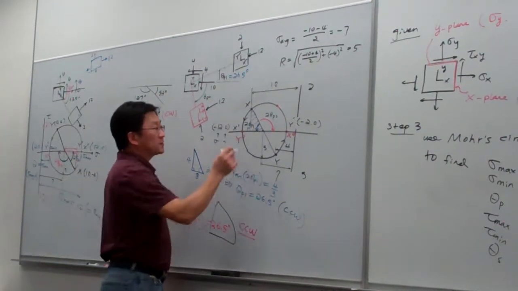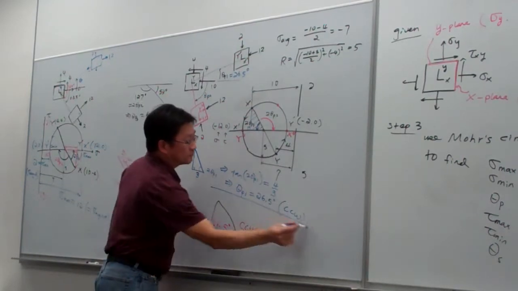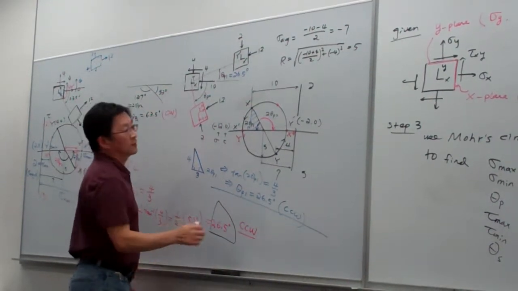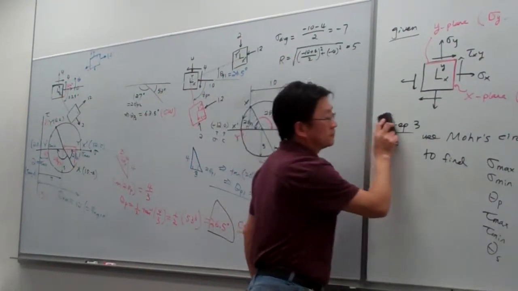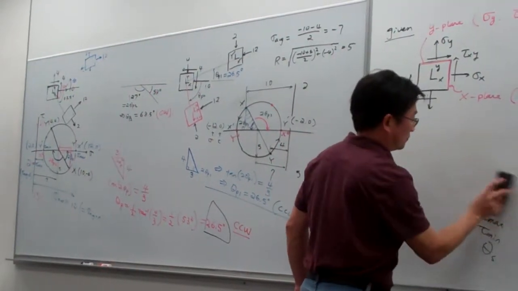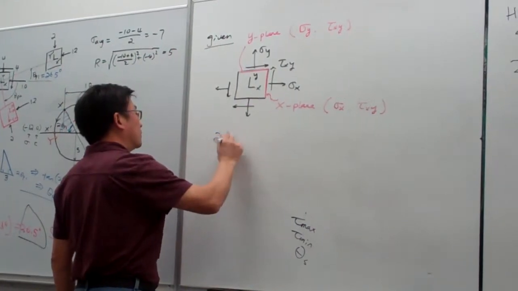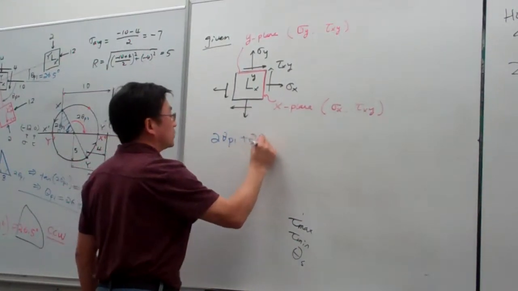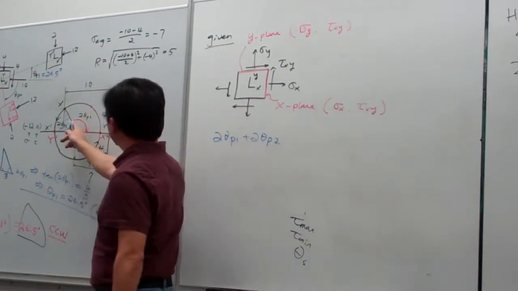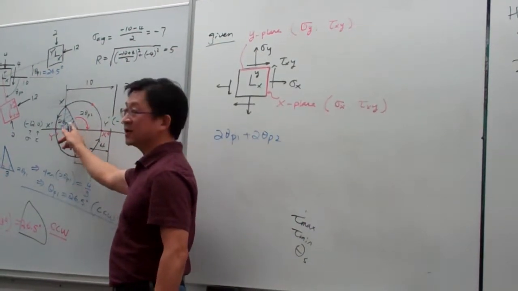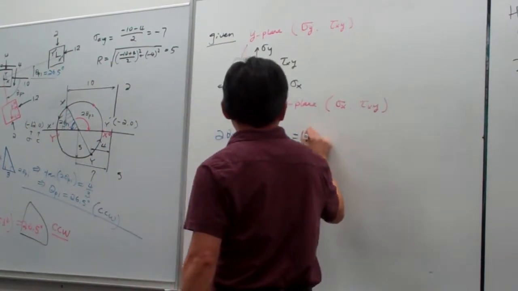And on the other side, 2 theta P1 plus 2 theta P2, you can read this one, the two angles sum to 180 degrees.